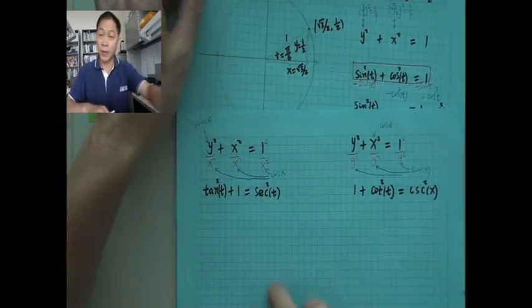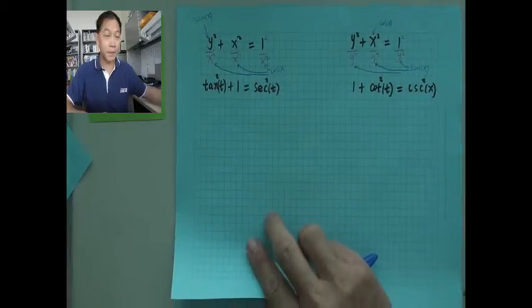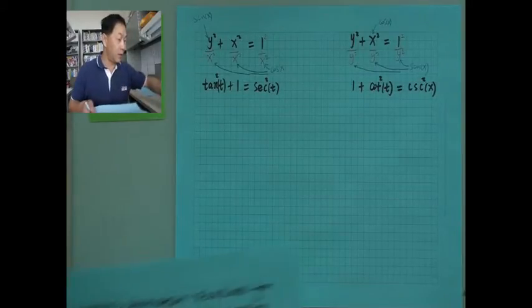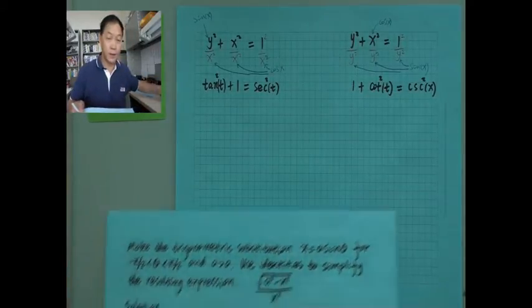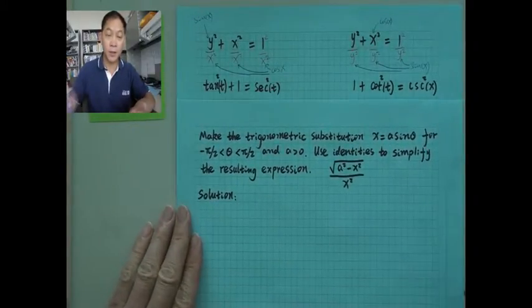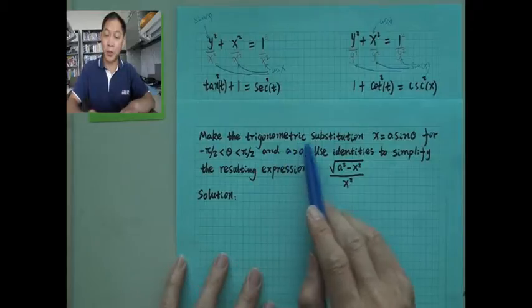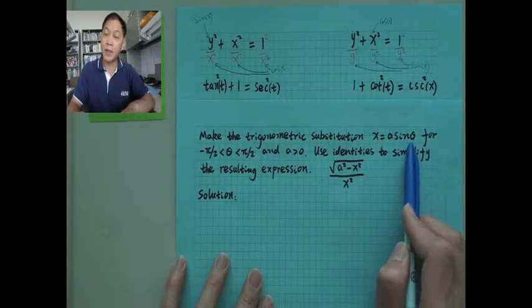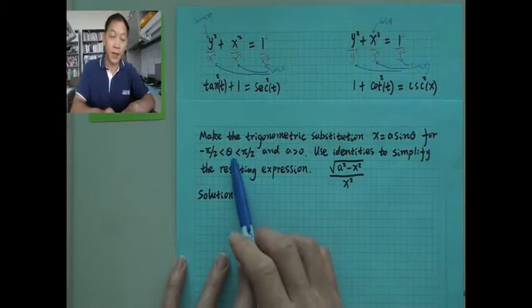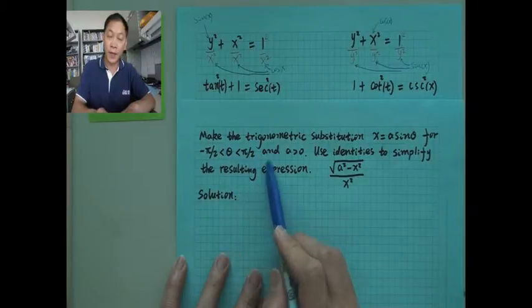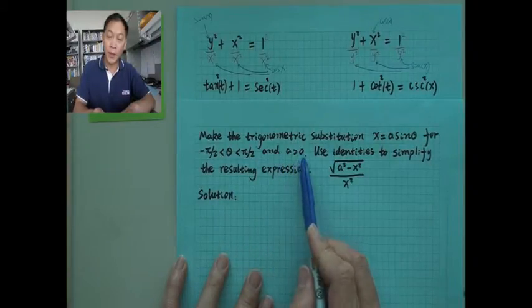Since we'll use these two, I will leave them down here. Now let's look at the example right here. This example says to make the trigonometric substitution x equals a times sine theta, for theta in between those two values and a greater than 0.